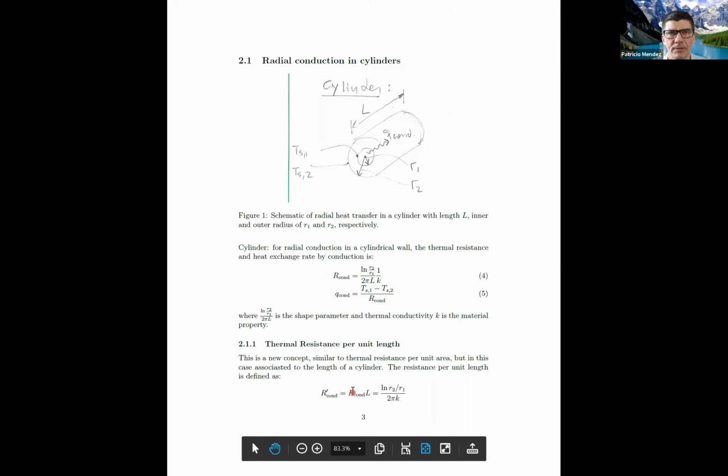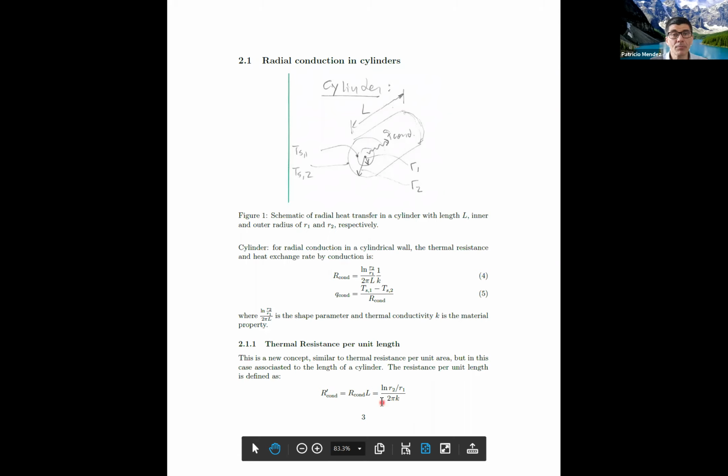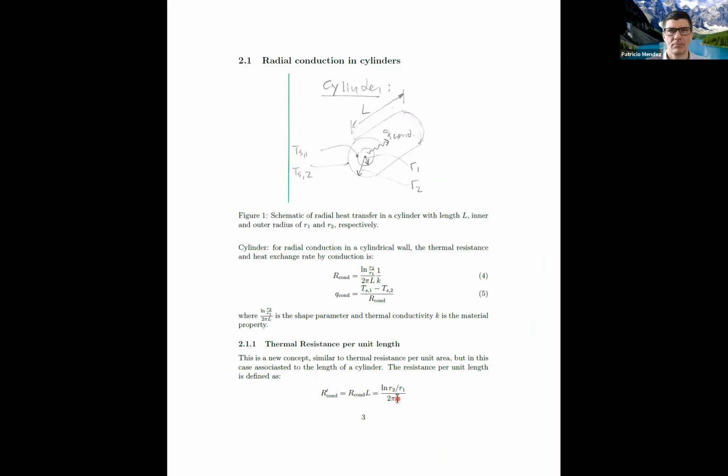Much as we did with thermal resistance per unit area, this is a terrible definition, but I cannot come up with anything better. So R prime means per unit length. However, this is not resistance divided by length. This is resistance times length. It's important to keep this in mind because we can get confused. The units would never match if we do it the other way around. And the formula depends only on the outer radius, inner radius, and the thermal conductivity.